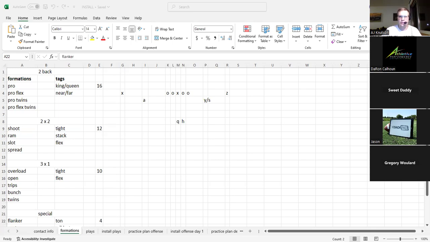And another thing too, you might want to have a word for we're going shoot right, tight left, or tight weak. So now these guys are going to be tight, and these guys are going to be normal. So you've got to think of tag words that make sense to your system on how to move the guys around where you want them or where you need them.